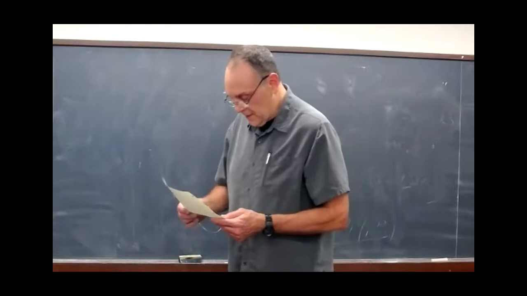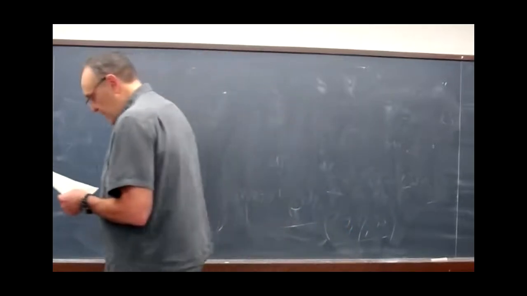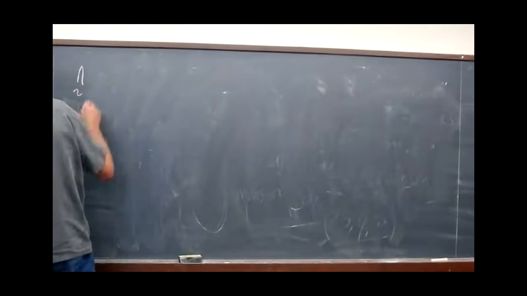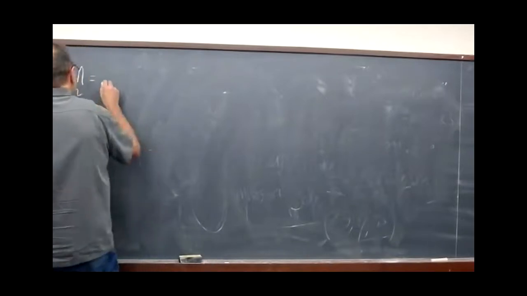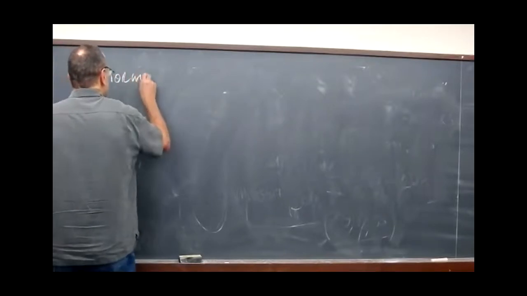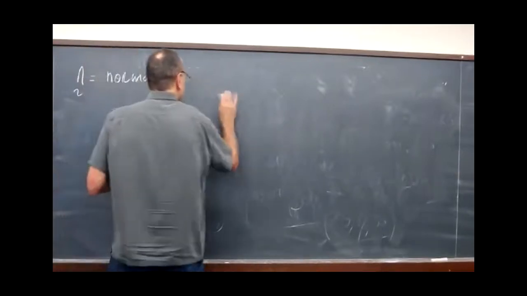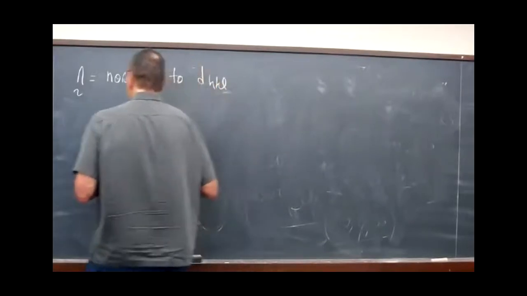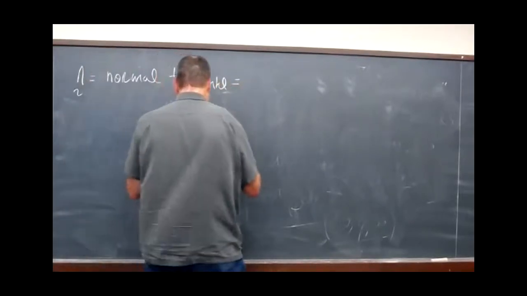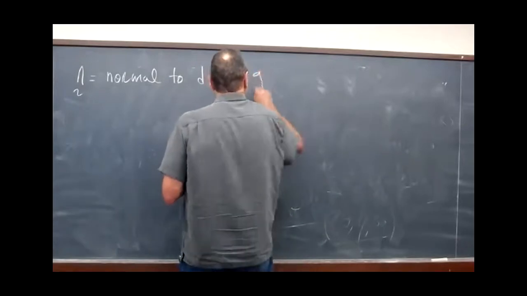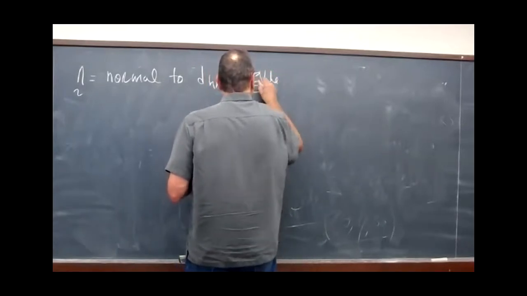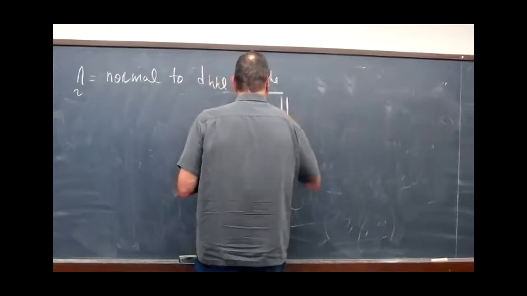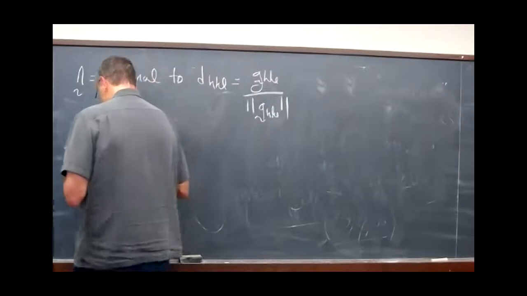So let's define another thing. We'll also define the N, the unit vector along D, and that's defined as G over the magnitude of G. I'm going to probably drop the HKLs at some point.